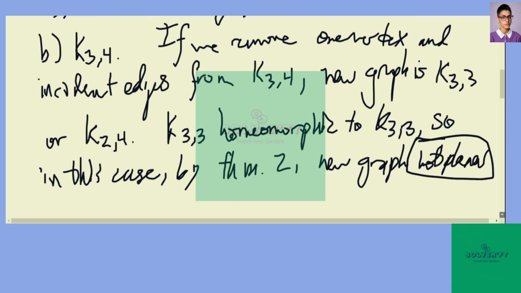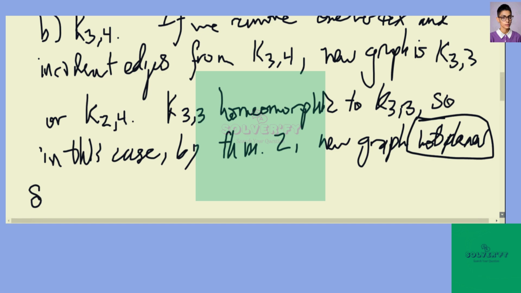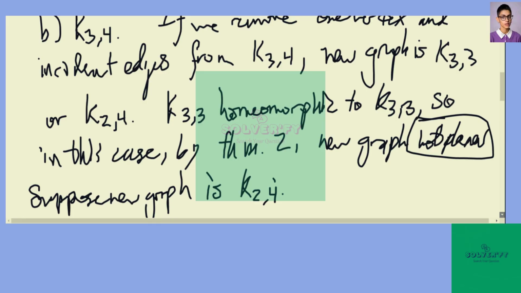However, suppose that the new graph is K2,4. Well, K2,4 is actually a planar graph.